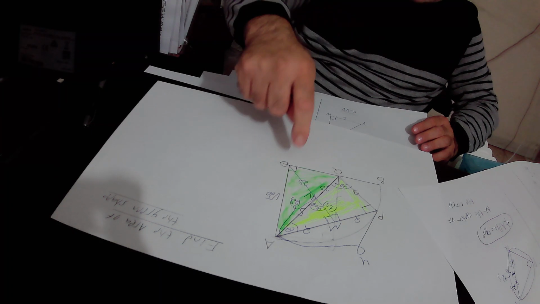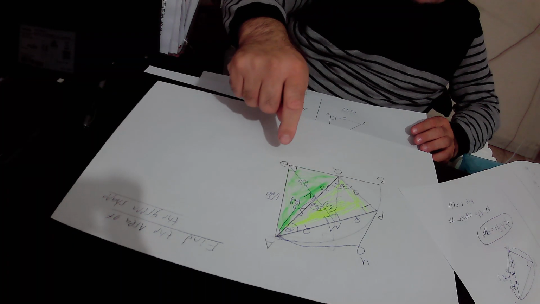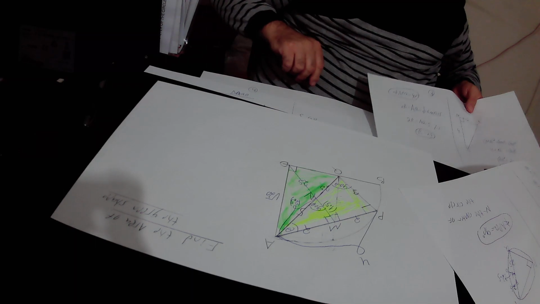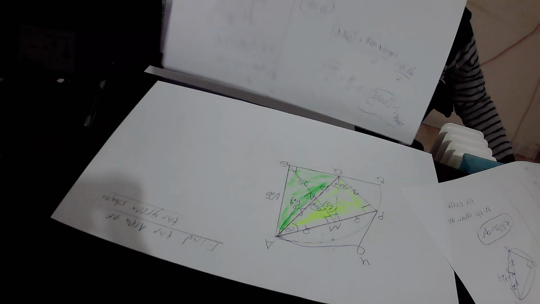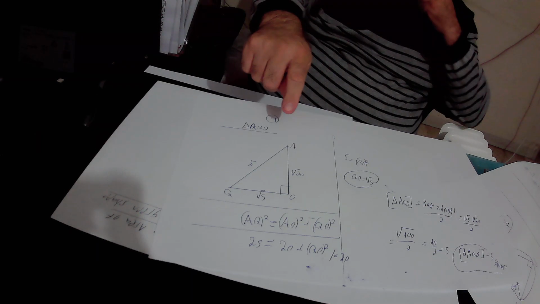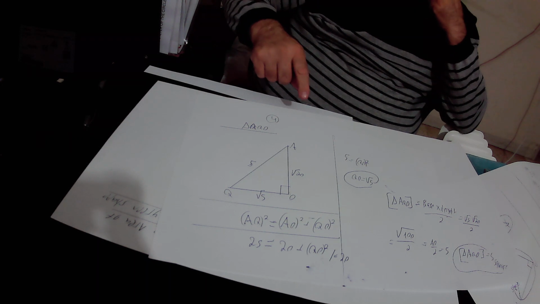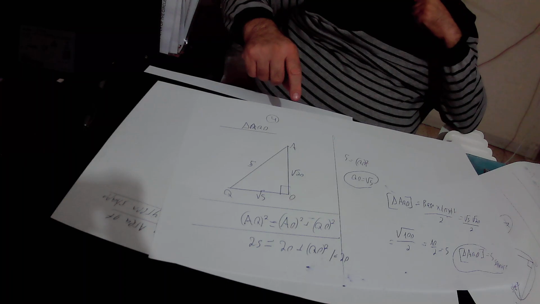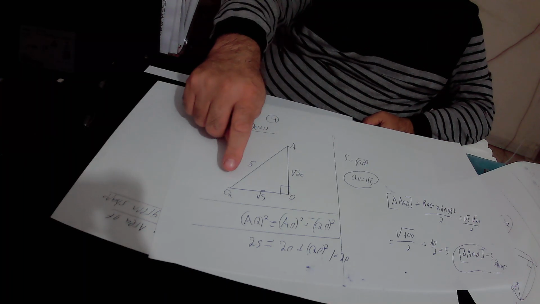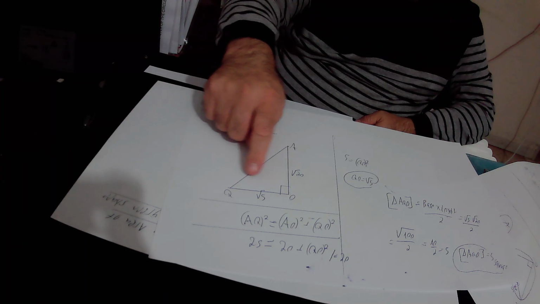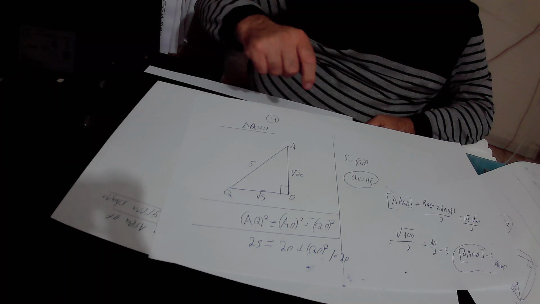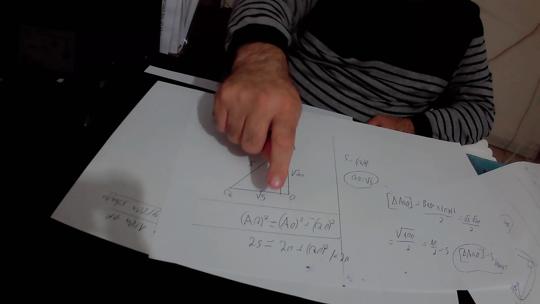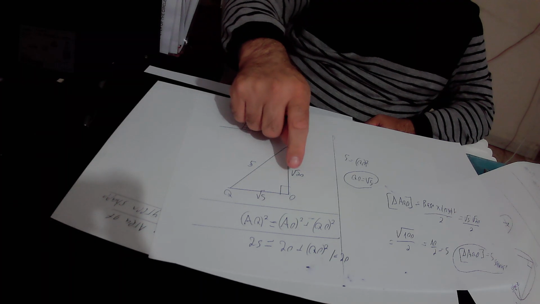Then we implemented the Pythagoras theorem on the green right triangle AOQ, from the original drawing. According to the Pythagoras theorem, AQ square equals AO square plus QO square. AQ equals 5, therefore AQ square is 25, plus AO square.